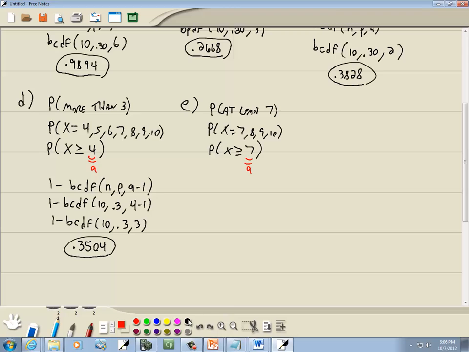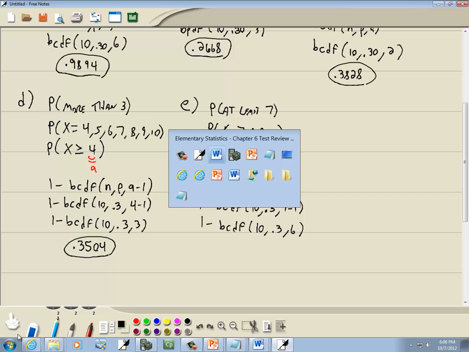So this would be our A. And our form is 1 minus binom CDF N, P, A minus 1. So we've got 1 minus binom CDF N, which is 10, P, which is 0.3, A minus 1, so 7 minus 1. So that gives us 1 minus binom CDF, 10, 0.3, comma, 7 minus 1 is 6.